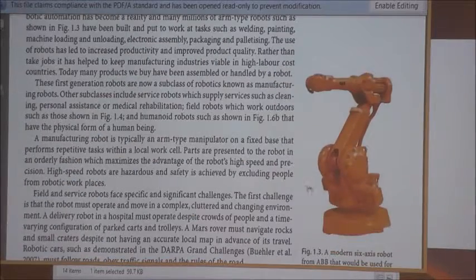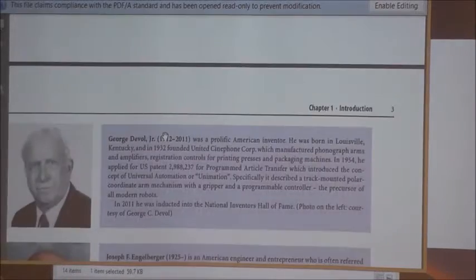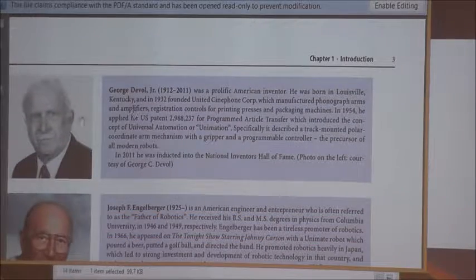So here is an ABB robot. You're going to be working with this kind of robot. This is George Devol, passed away in 2011, and of course, now they can unfortunately add 2015 here.